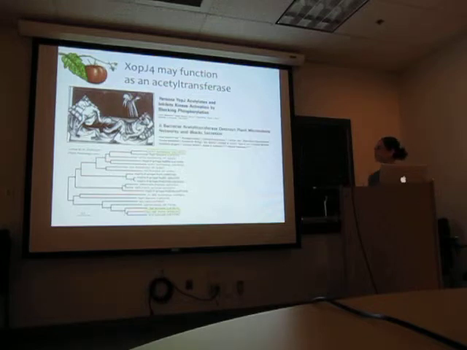And then a similar pattern was found for HOPZ1A, which is here in the phylogeny. This is a Pseudomonas syringae effector, and it was found to acetylate tubulin, which is a quite interesting virulence tactic. So it interferes with the plant cell cytoskeleton, thus interfering with secretion and with immune responses.